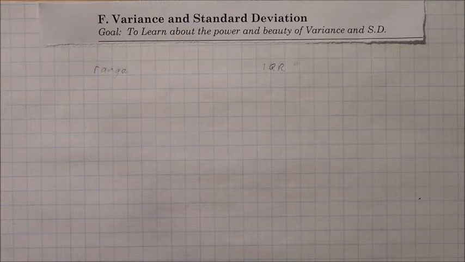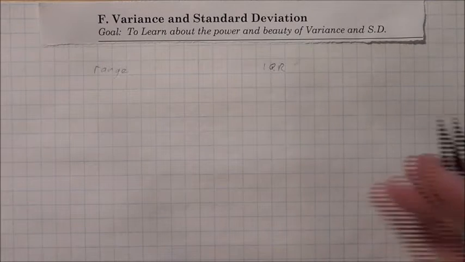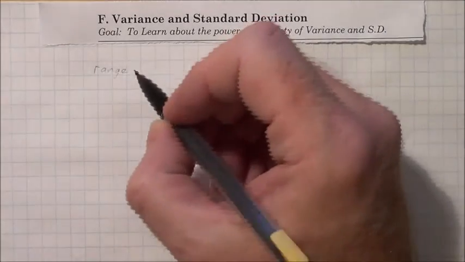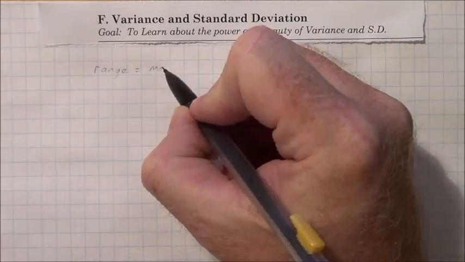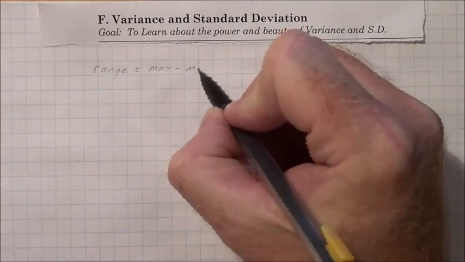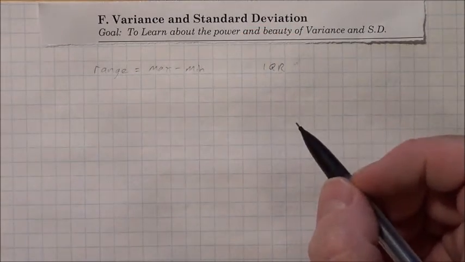We've seen range, we've calculated the range before, and we've also calculated the interquartile range. The little problem with these measures of dispersion of data is that range just uses two values: the maximum value minus the minimum value.